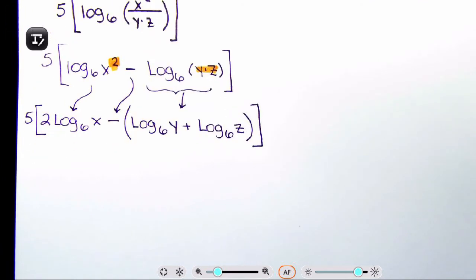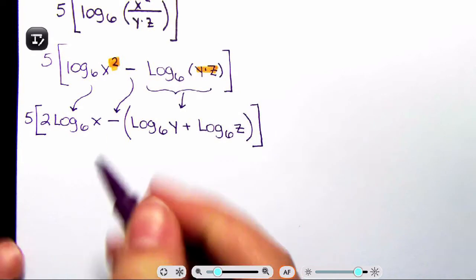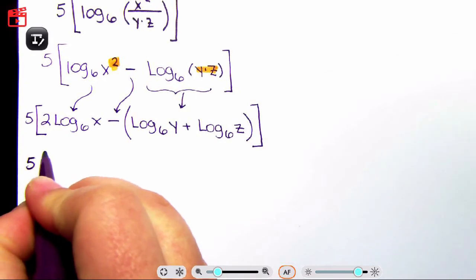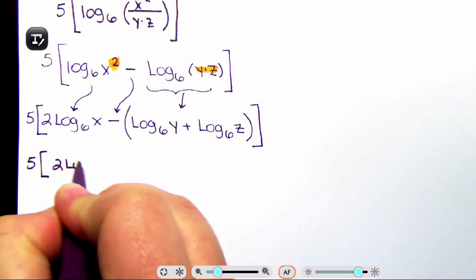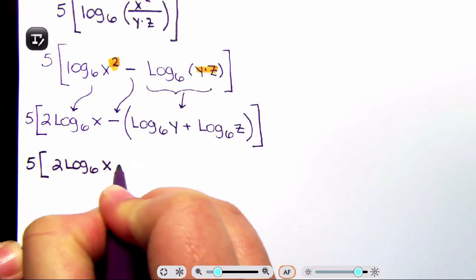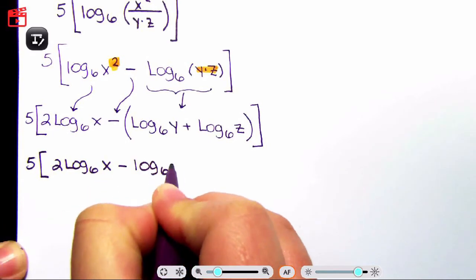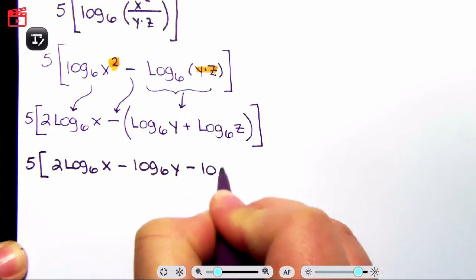So let's go ahead and kind of, not necessarily uncomplicate it, because the whole thing of expanding is to make it a little bit more complicated. And so let's see what this will be. Let's go ahead and multiply this out. Let's simplify first. So we have 5 times 2 times the log base 6 of x minus log base 6 of y minus log base 6 of z.